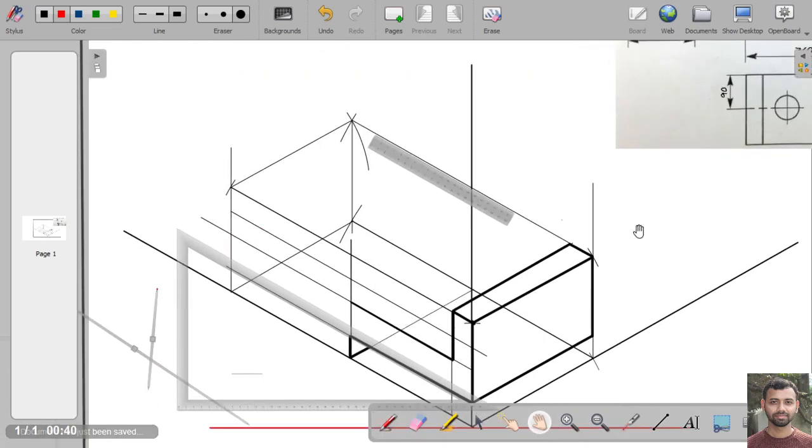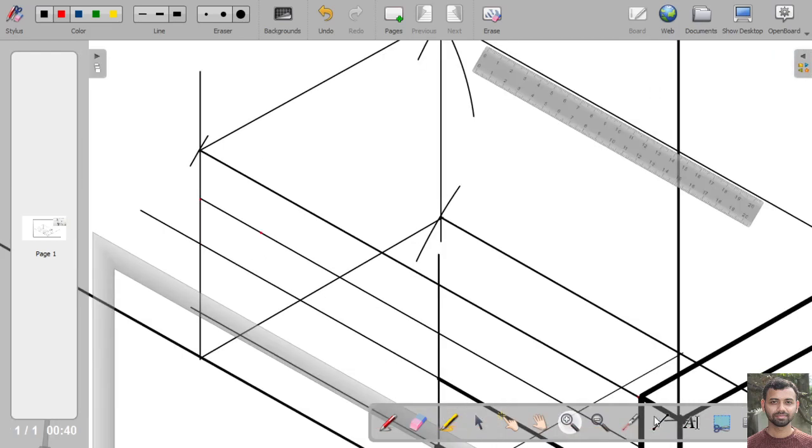Okay, so up to this isometric line. That means from this point it will be up to this isometric line. So we will draw from this point up to this isometric line. Okay.